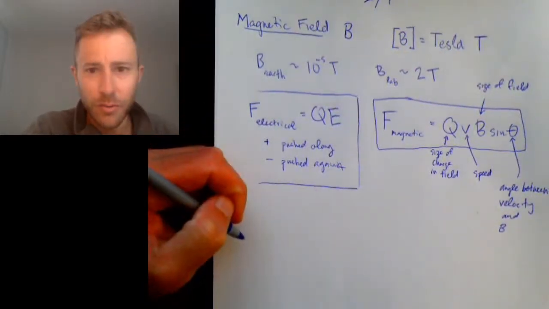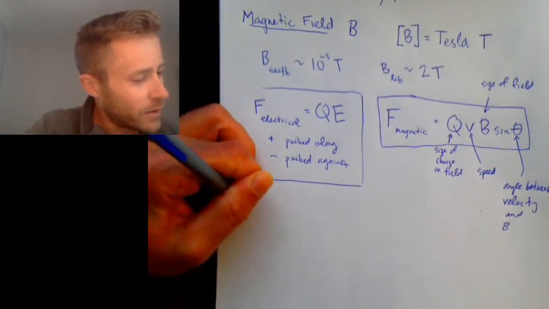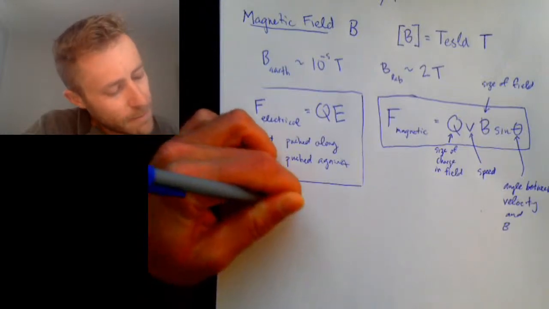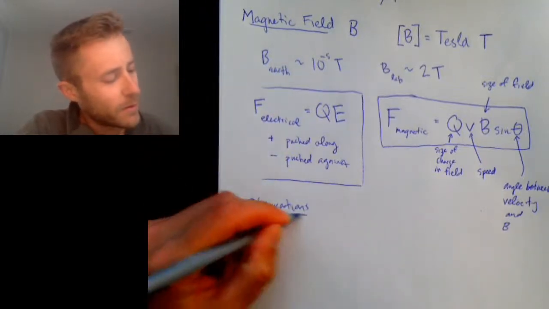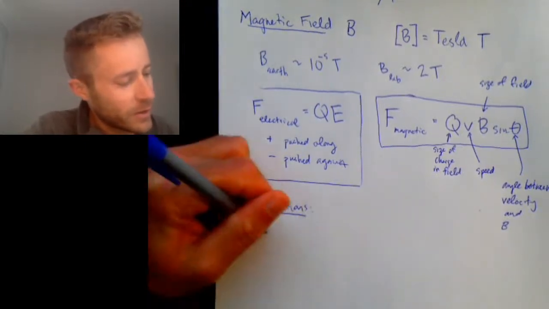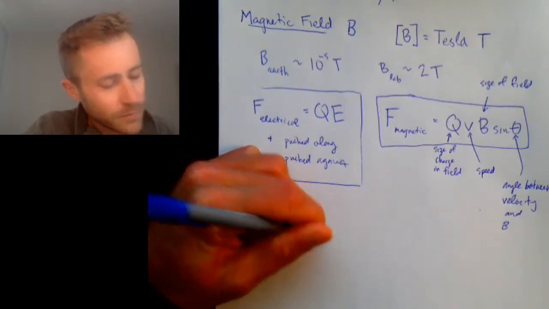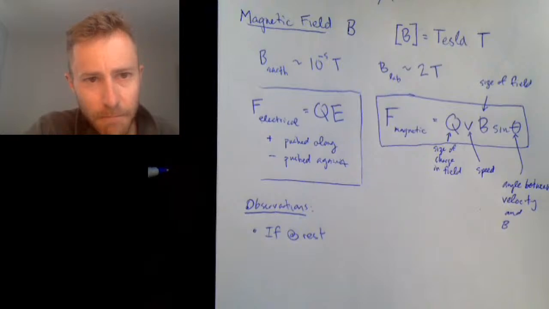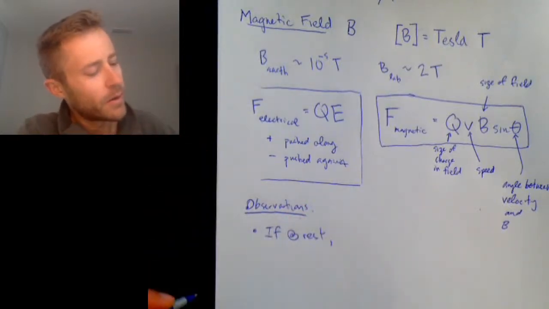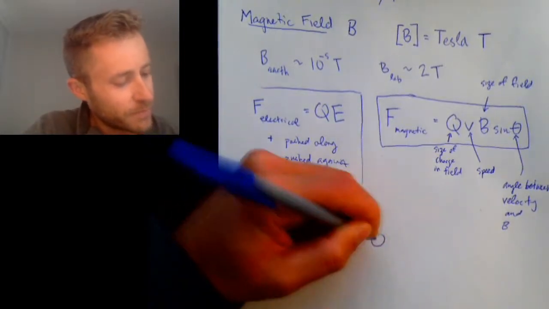So let's make a couple of observations about the magnetic field. One observation is that if you are at rest, then the magnetic force is equal to 0.